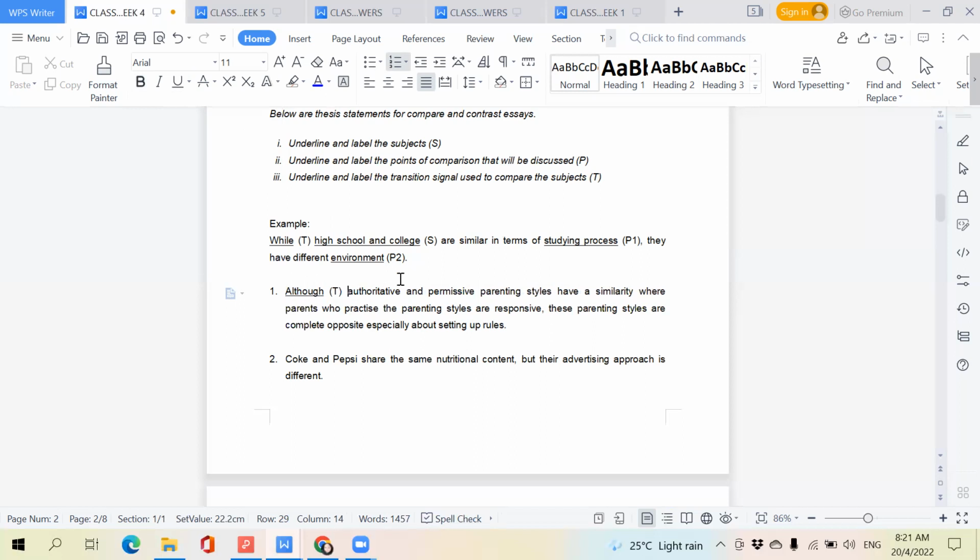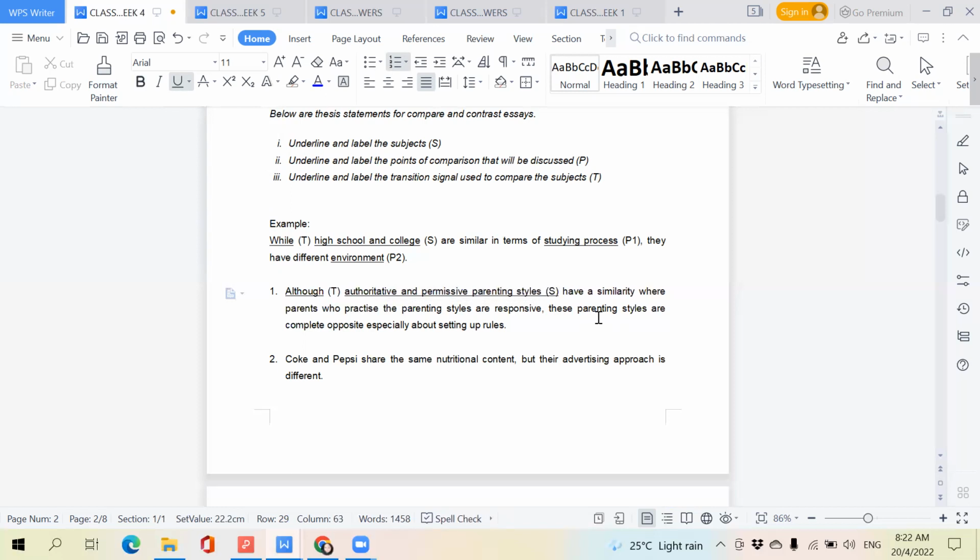I think you can see that clearly. What are they? And these are the 2 subjects. Inilah yang 2 subject that you want to compare and contrast. So I'll underline this. So these are the 2 subjects.